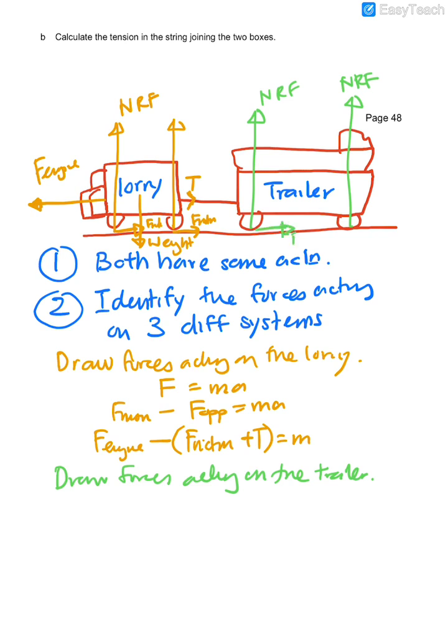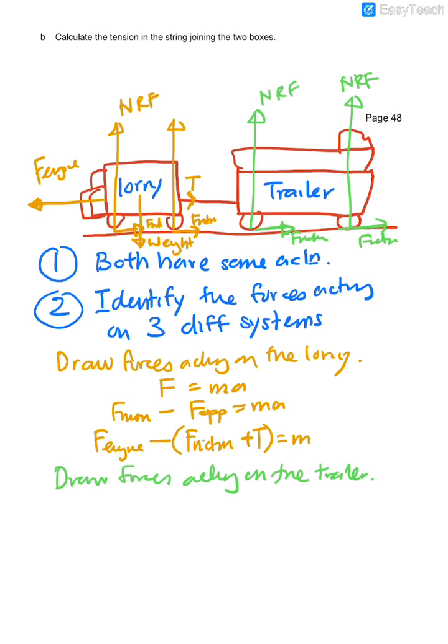Yes, friction. Dylan, next. Tension. There's tension. Good. Now, think, which way? Is it the same way? This is the trailer. So when I say draw forces on the trailer, you just concentrate on the trailer. You can ignore the lorry. So there's a tension, definitely pointing left or right. Think common sense.